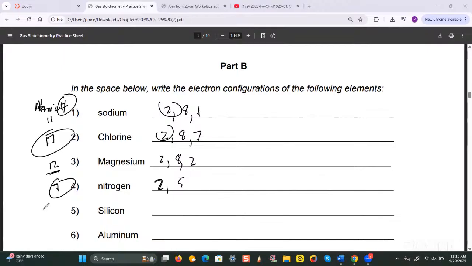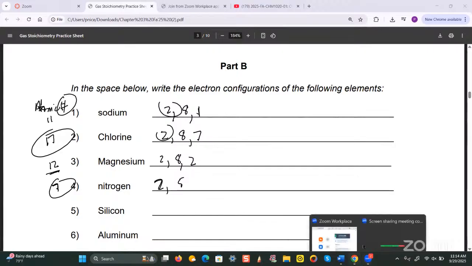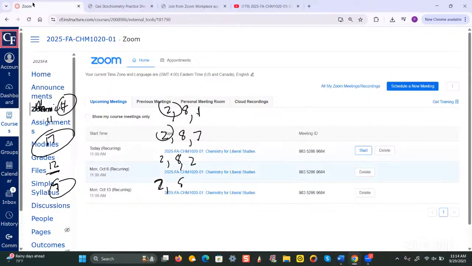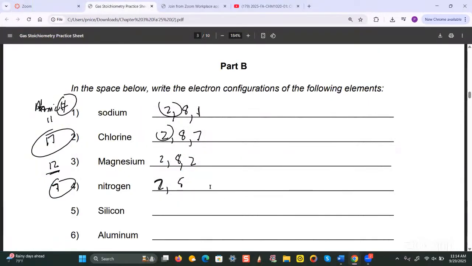Okay, what about silicon? I don't remember the atomic number of silicon, hold on. 14. 14, that sounds about right, yeah. So in the case of silicon, we have 14 electrons to assign. How many will go into the first shell? 2.